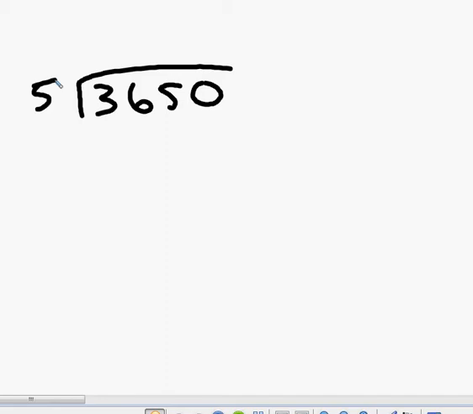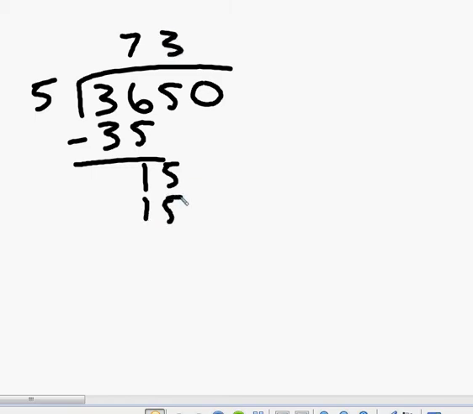I think it'll go into it 7 times, because 7 times 5 is 35. Then I subtract. That gives me 1. I bring down my 5. 5 goes into 15 3 times. 3 times 5 is 15. Then I subtract, and I get 0.